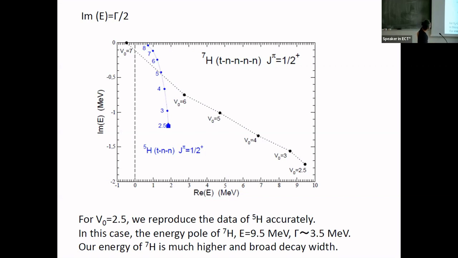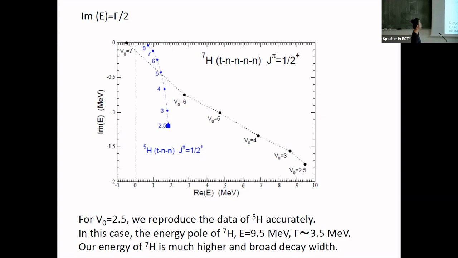And this is the hydrogen 7 case, the same situation. Here, if we have 2.5, which is almost consistent with the experimental data, this corresponds to the hydrogen 7 case. In this case, the energy of hydrogen 7 is 9.5 MeV, and the decay width is close to 4 MeV, which is a very broad resonance state.